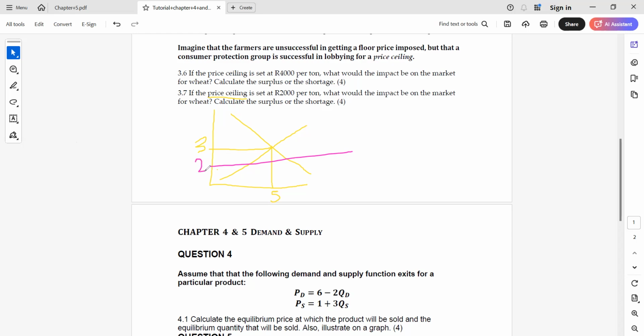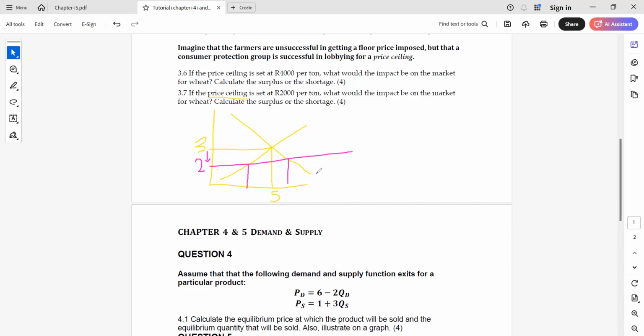Now it is effective, because what this is saying is that this entity can charge any price for this product below 2 rand. So it can be 1 rand, 1 rand 50, but it cannot go above 2 rand. Already they are charging 3 rand, so they'll be forced to reduce their price. If they do that, this is what is going to happen.